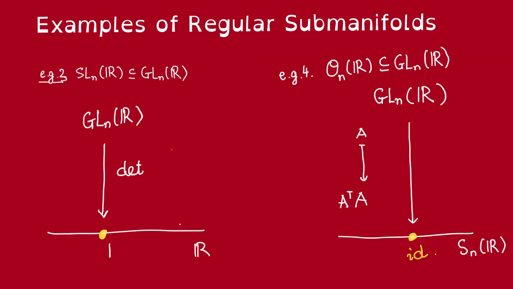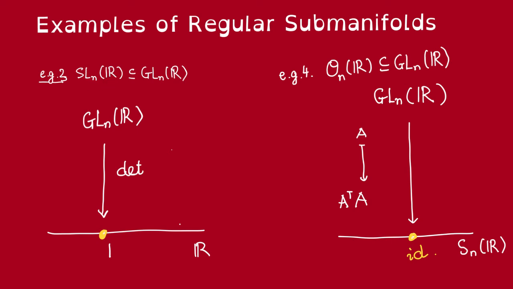Now in the case of the general linear groups, to show that the special linear group and the orthogonal groups are regular submanifolds, what we need to observe is that they are fibers of the following maps. For the special linear group, it's the fiber of the determinant map. And for the orthogonal group, it's the fiber of the map which sends every matrix A to A transpose A, because the orthogonal group consists exactly of the matrices A such that A transpose A is equal to the identity.